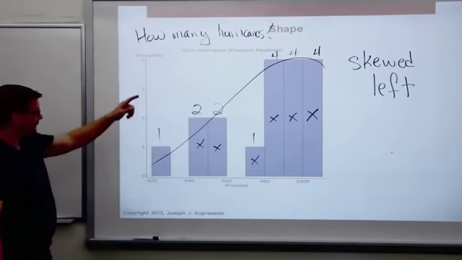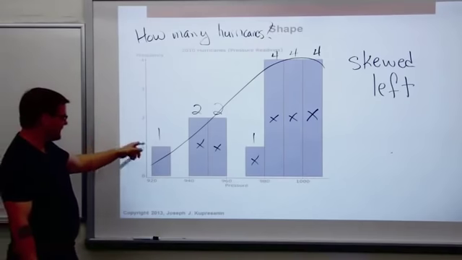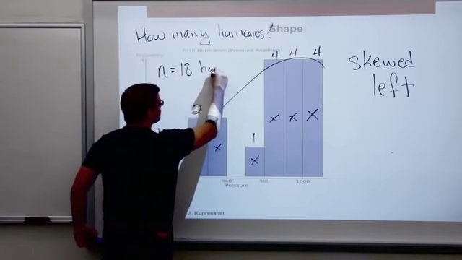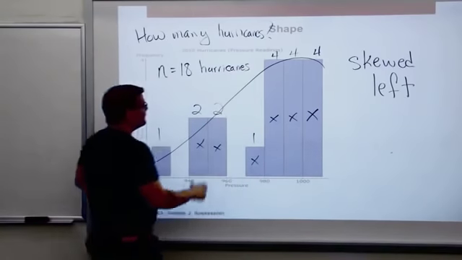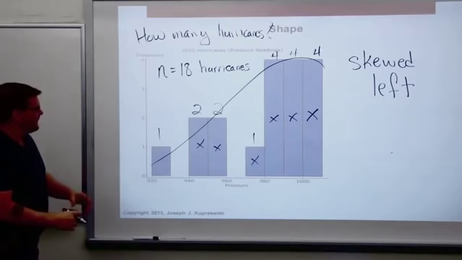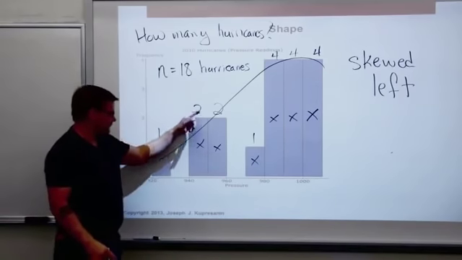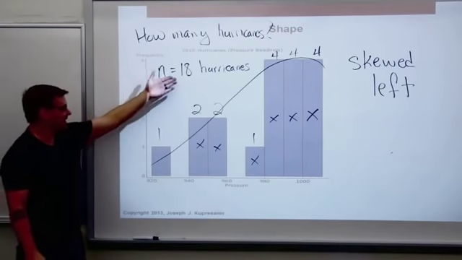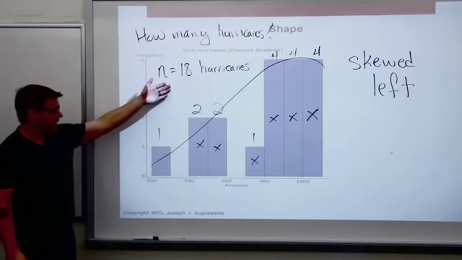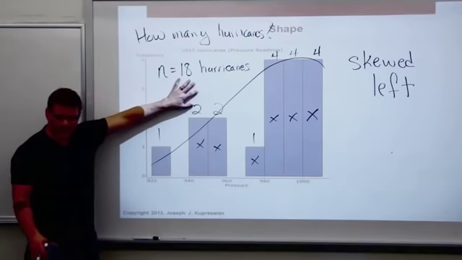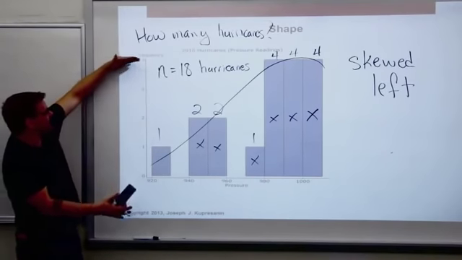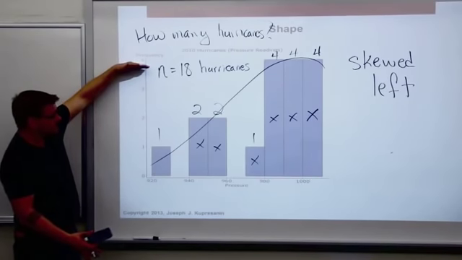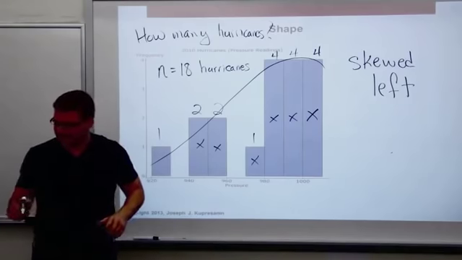And boy, if I could add that up, 4, 4, 4, and 4 is about 16, 17, 18 hurricanes. 12, 14, 16, 17, 18, yes. Okay, with a relatively few number, we can get the exact answer without too much trouble. If there was tons of data, I couldn't be so accurate, but keep this in mind, students. This is not how many data values there are when we're looking at a histogram. All right, bit of a pet peeve of mine, I guess.